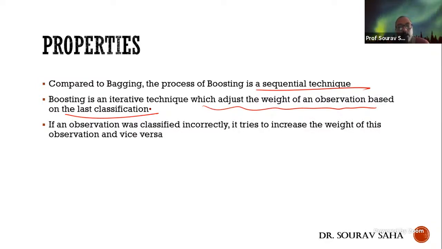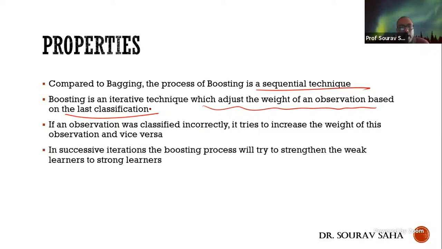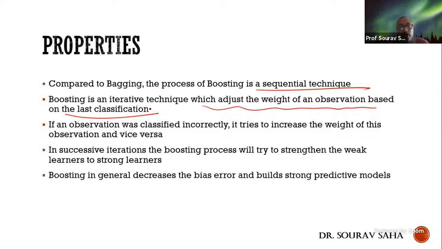If the observation was correctly classified, it will try to decrease its weight. If it was incorrectly classified, it will try to increase the weight, and vice versa. And in successive iterations in the boosting process, we strengthen all the weak learners to get a strong learner.